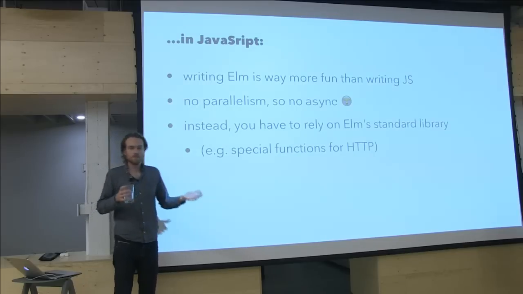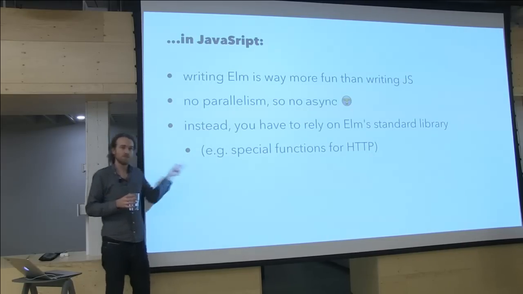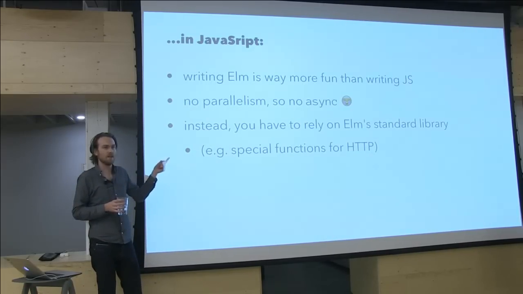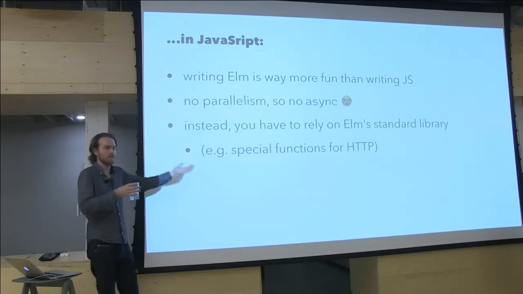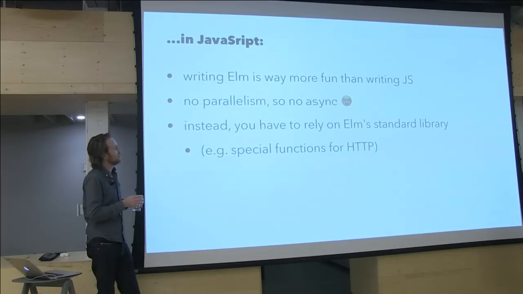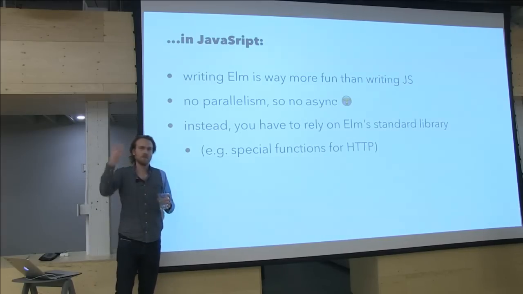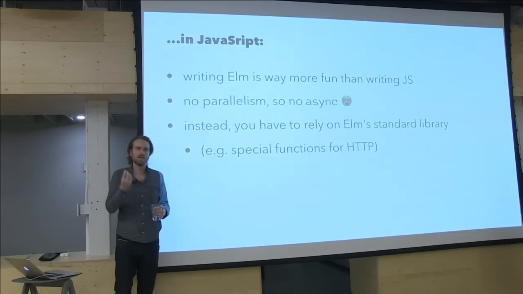In JavaScript, there's no parallelism, so we don't have the async function in the JavaScript version. So anything asynchronous is built into the standard library. So there are HTTP functions and stuff like that.